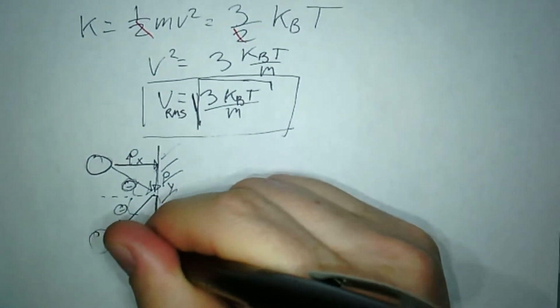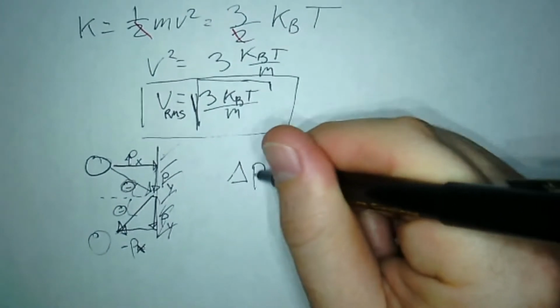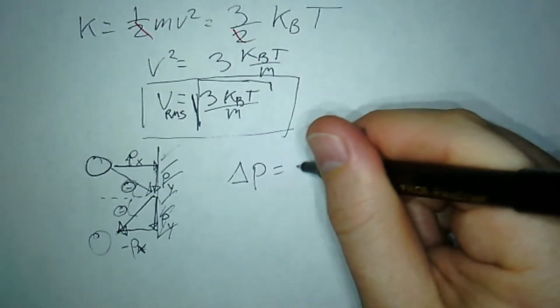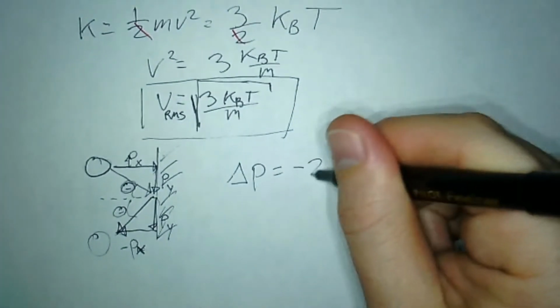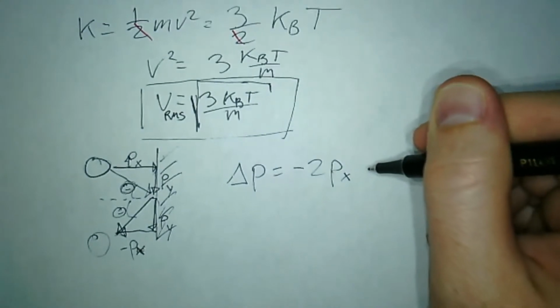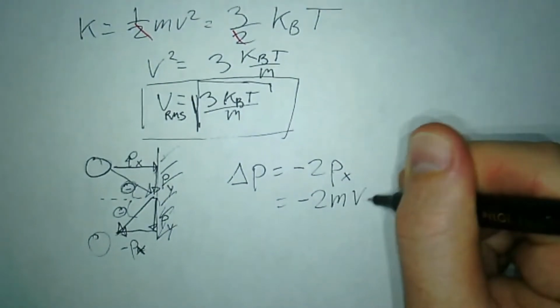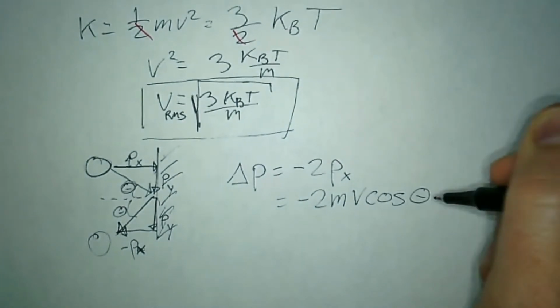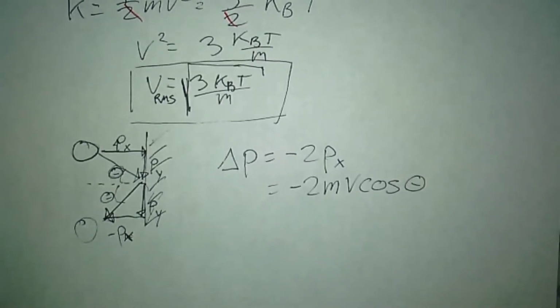So your change in momentum, delta p, is going to be minus 2 px, or we could write this as minus 2 mv cosine of theta. But now we know what that v term is when it collides, or at least on average. And since we're talking about 10 to the 23 particles, the average is pretty good.